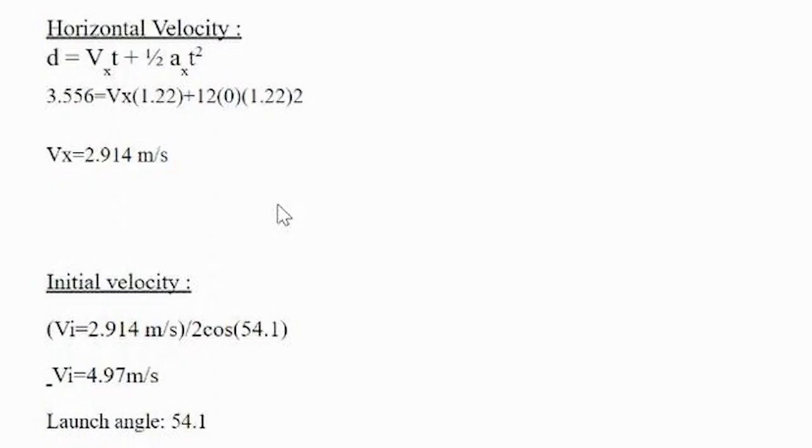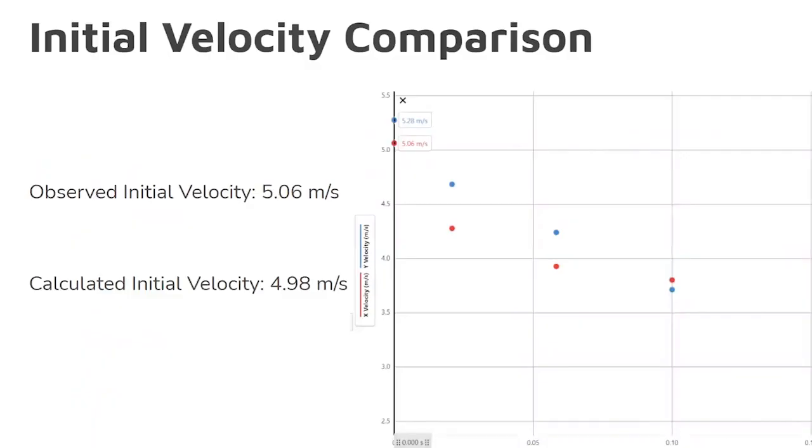However, from our calculated value of the initial velocity, we found that it was relatively similar to that of the other times. So our observed initial velocity, based off of a motion graph that we created using video analysis, was 5.06 meters per second, and our calculated initial velocity was 4.98 meters per second.